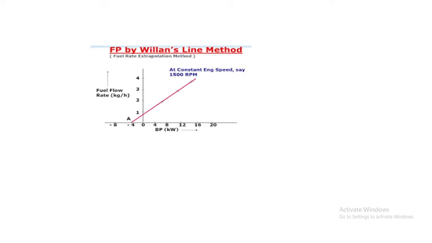Next step, we have to calculate the friction power. For calculating the friction power, there are 4 different methods available. One is the Williams line method, and next we can use the formula of indicated power, which is indicated power equal to brake power plus friction power, because indicated power is the power which is produced during the combustion process.